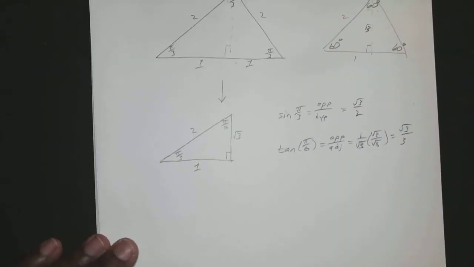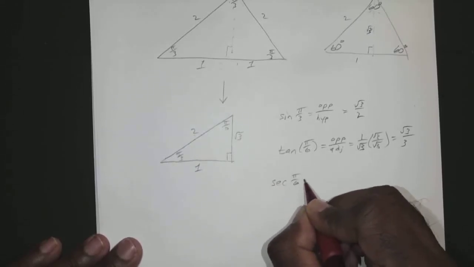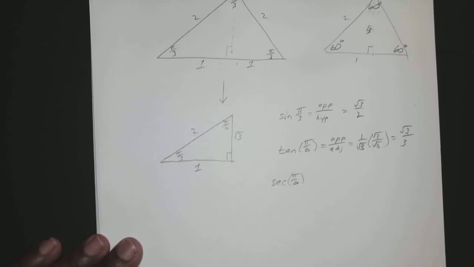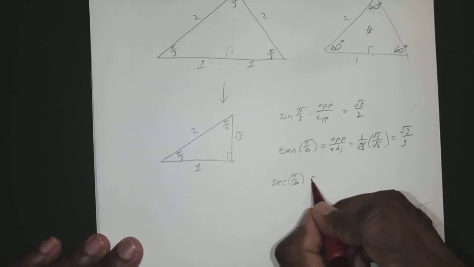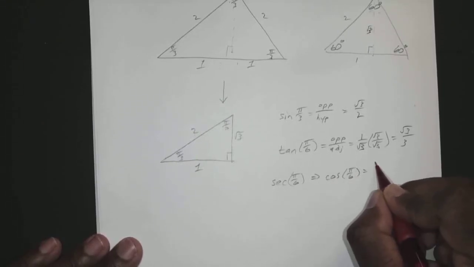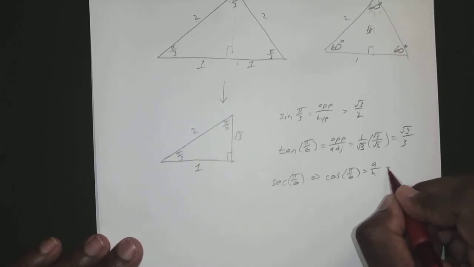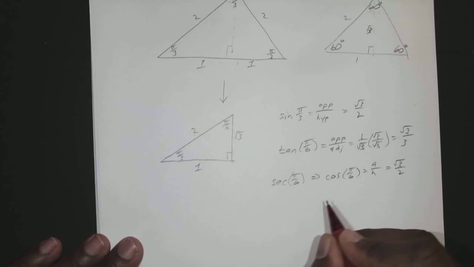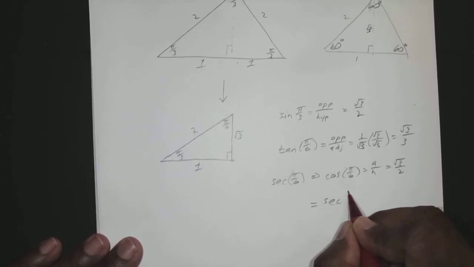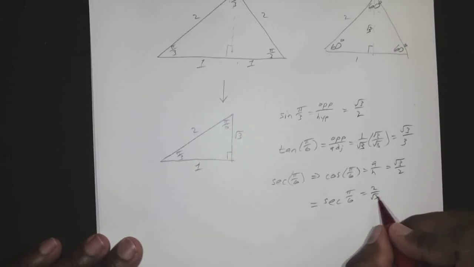Okay, so let's say if you want to find secant of pi over 6. First thing you do is find cosine of pi over 6, and then flip it. So cosine pi over 6, which is adjacent over hypotenuse, so square root of 3 over 2. So that means secant of pi over 6 is just 2 over square root of 3.